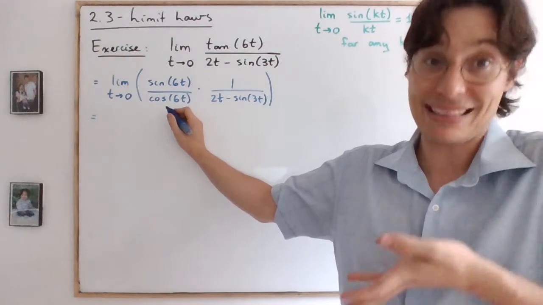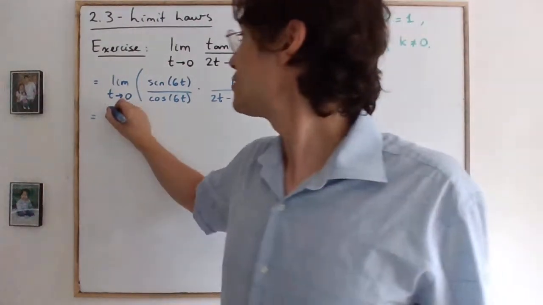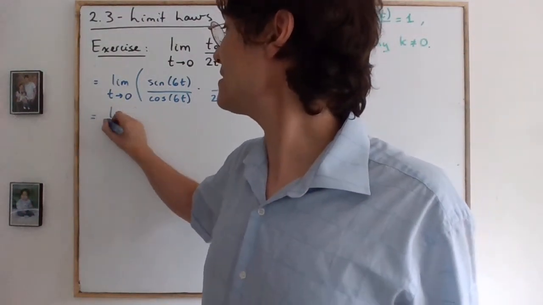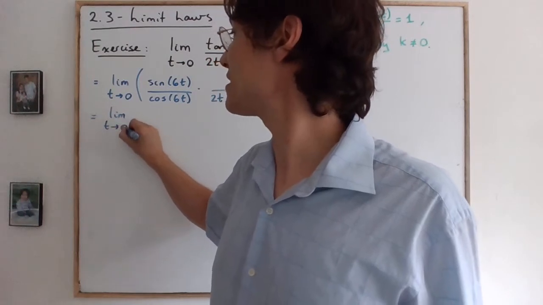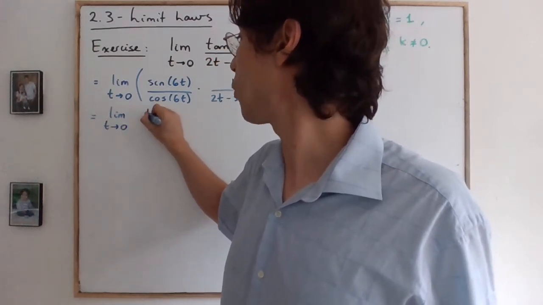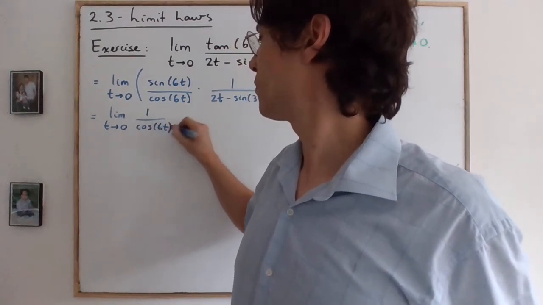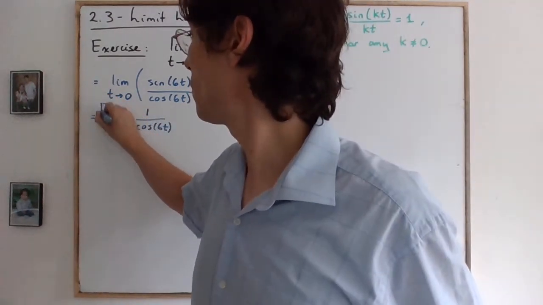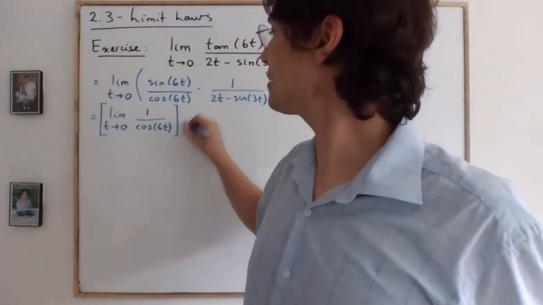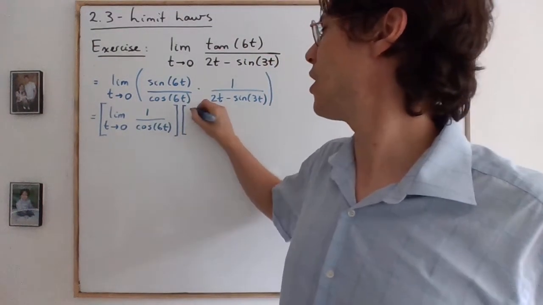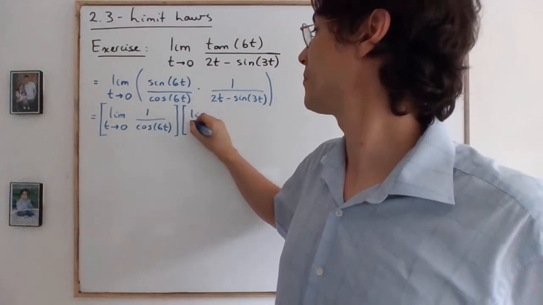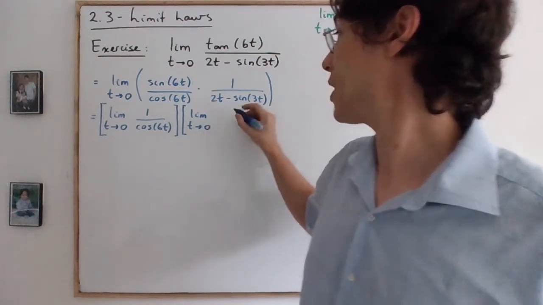So it's a limit that exists. So you can say that this is the limit as t is approaching 0 of 1 over cosine of 6t, and multiply this with the rest of the limit.